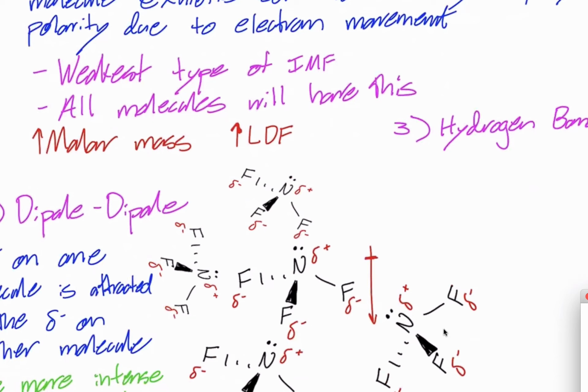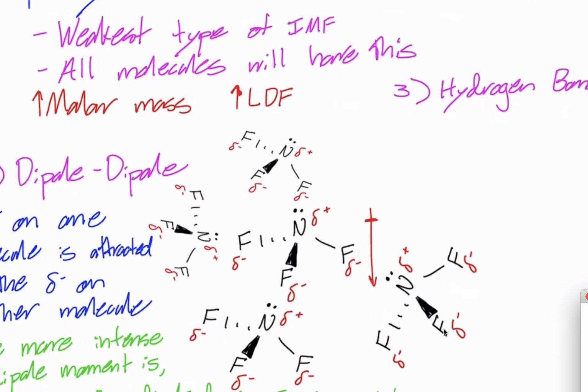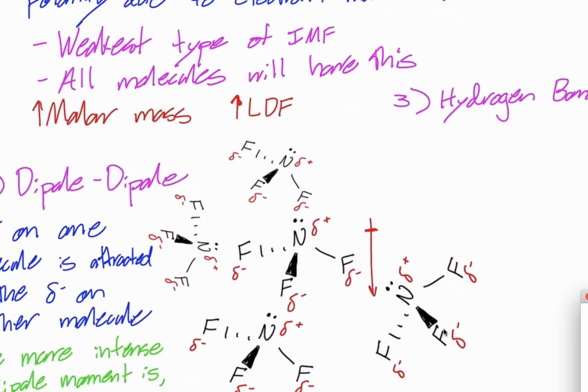First of all, hydrogen bonding has a very similar design or method as dipole-dipole. So first I'll write similar to dipole-dipole. Additionally, there's a condition to hydrogen bonding and whether or not it can actually happen.